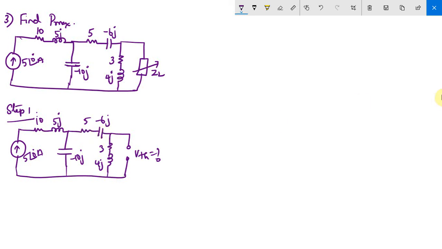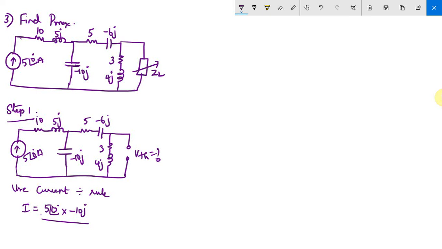So using the current division rule, the current flowing through 3 plus 4J is equal to the total current, which here is 5 angle 0 degree, into its opposite resistance. For this branch, the opposite resistance is minus 10J, divided by the total impedance.